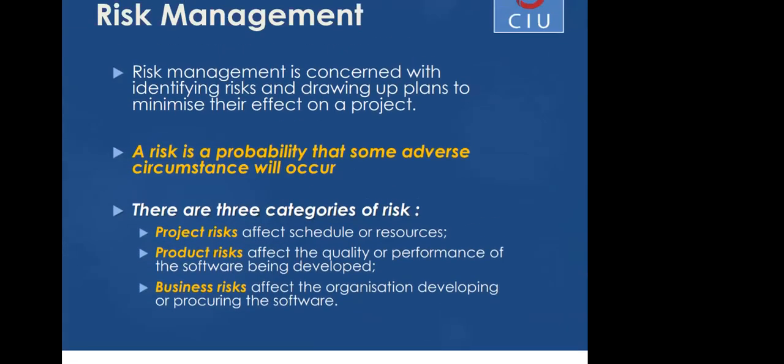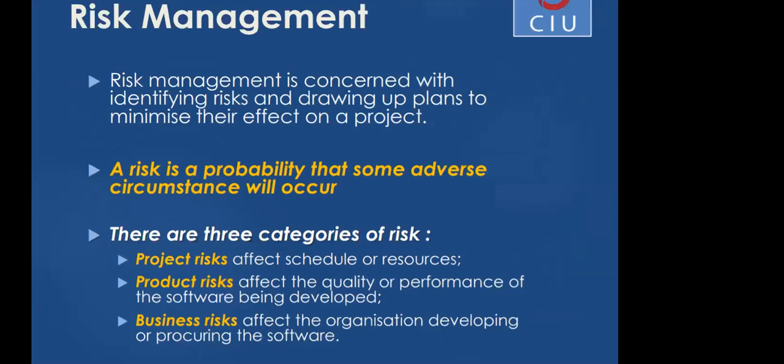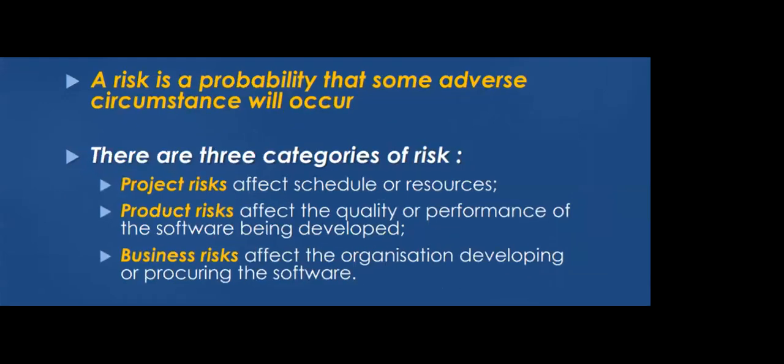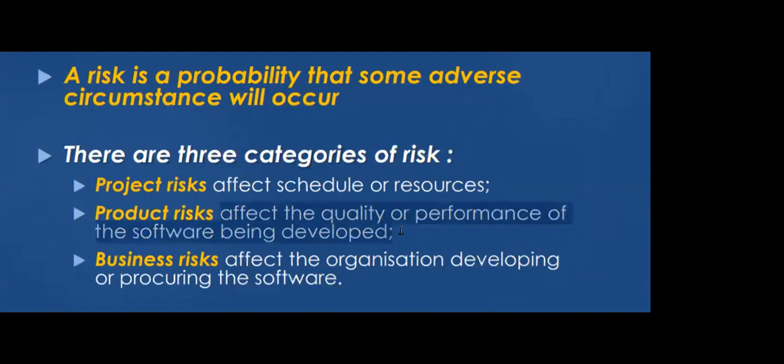There are project risks, which are basically affecting the resources and the schedule. There are product risks, which affect the quality or performance of the software. So not necessarily the project schedule is affected. The project can still be released on the date, but the quality might not be the same as you originally planned.